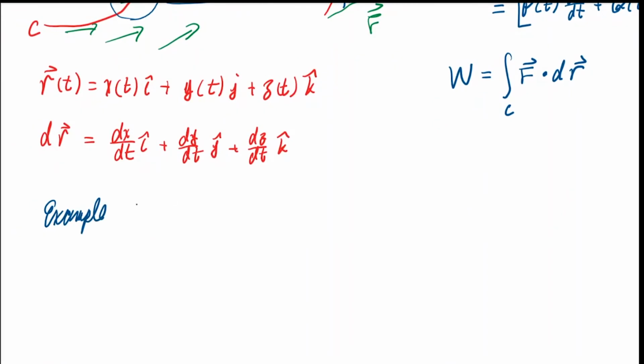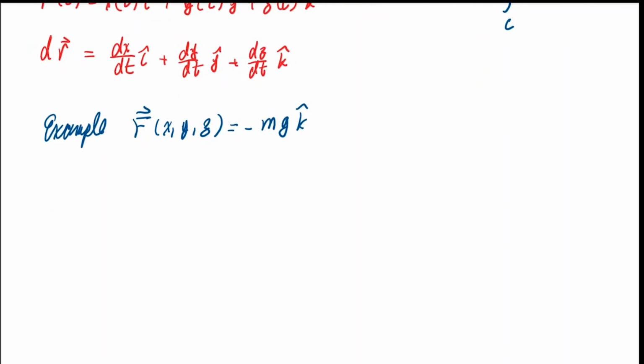Say there's a vector field, gravity, okay? So extremely simplified version, so negative mg times k. That's the vector field. Good? Okay. So it's just a vertical downward, right? Constant gravitational field.